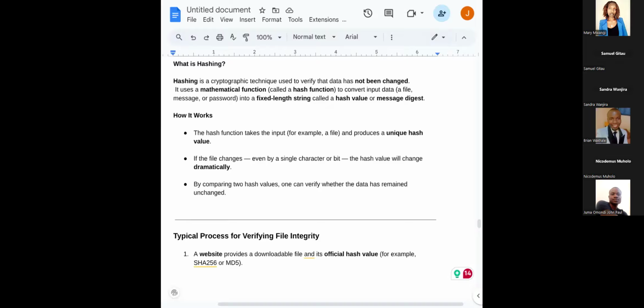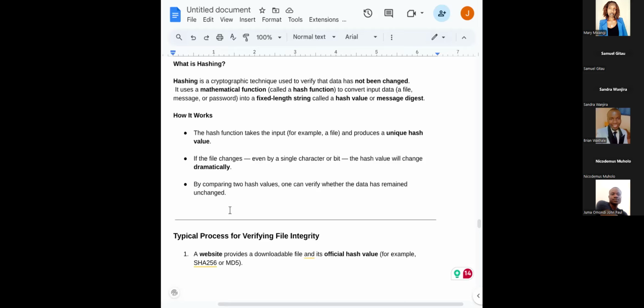So one of the ways you can do this is by giving a hash function to convert input data, like a message, your password, your file, into a specific length of string called a hash value or a message digest. How does it work?